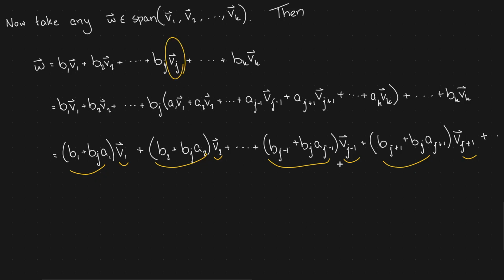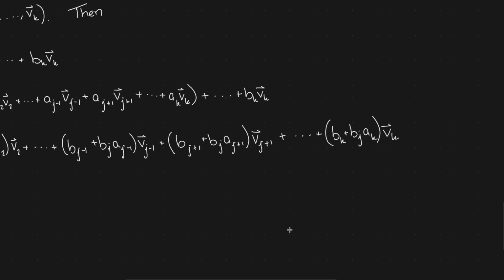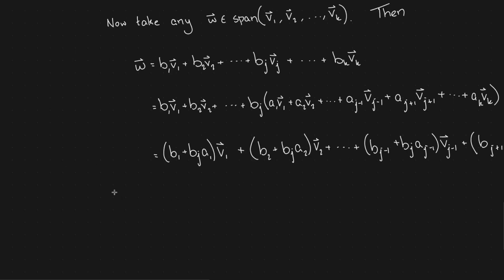It's not one of the vectors in the linear combination. So this means w is in this other span, the one that doesn't have vector vj in it.